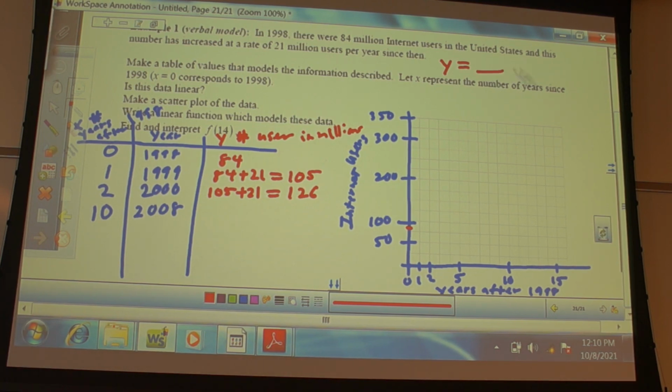So something times x plus something. So m is my rate of change. B is my initial amount. Fill in those spots. Take a break and fill those in, and then start the video back again when you have filled those in.